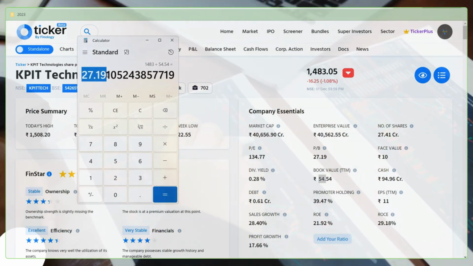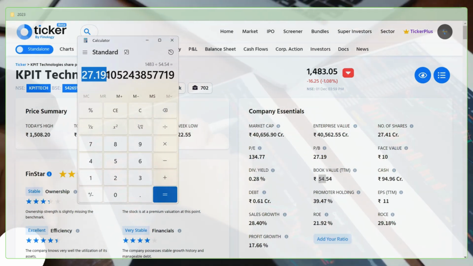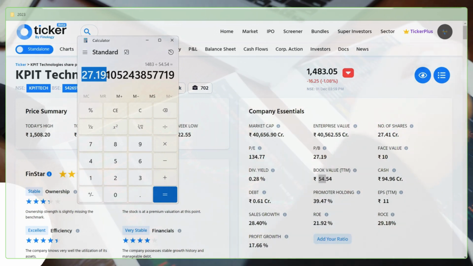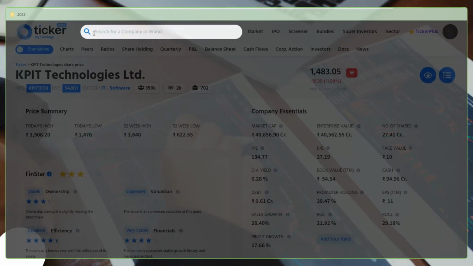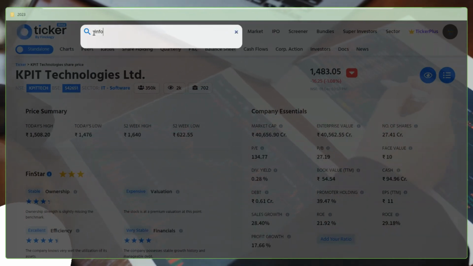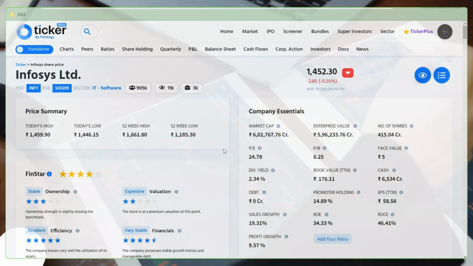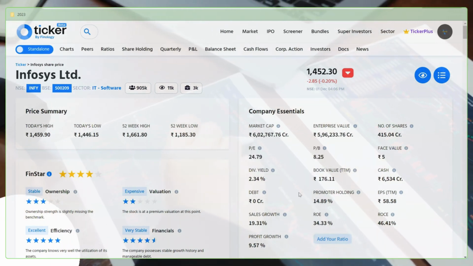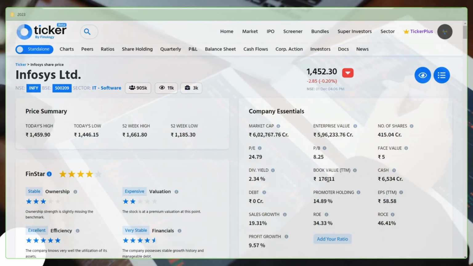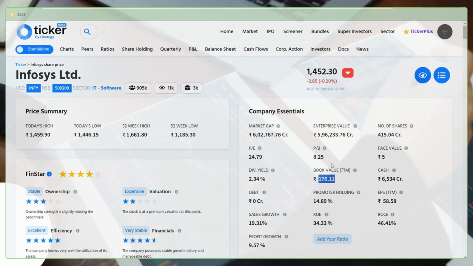Most of the good companies are available at a higher PB ratio, more than their actual price. Let's see Infosys. There will be a little calculation, so we feel a little uncomfortable with calculations, but this is simple math, up to 10th class, not more than that. The book value is 176, and it is trading at 8 times higher.